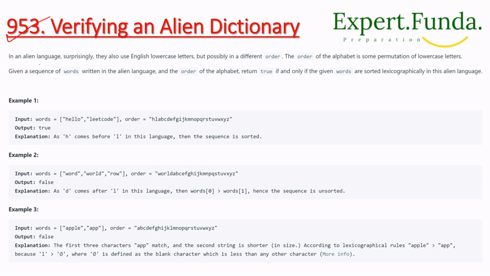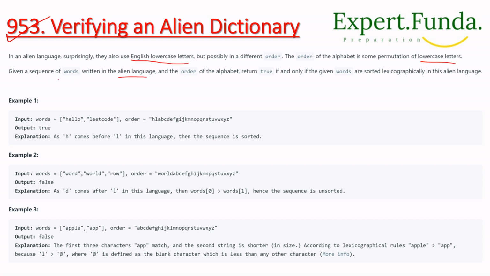In an alien language, surprisingly, they also use English lowercase letters, but possibly in a different order. The order of the alphabet is some permutation of lowercase letters.